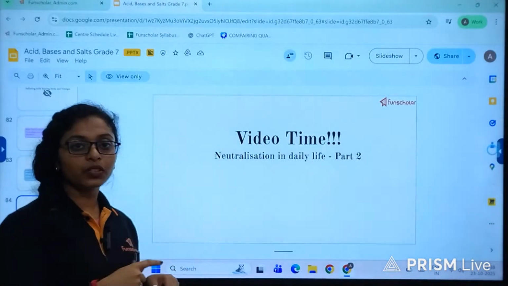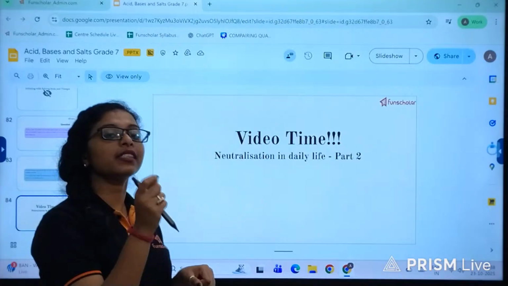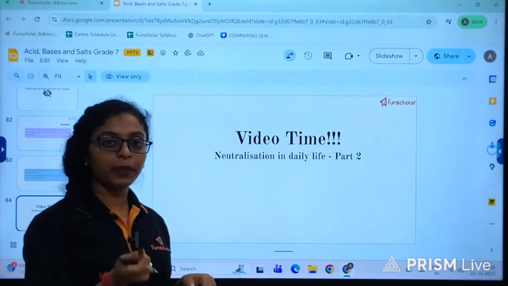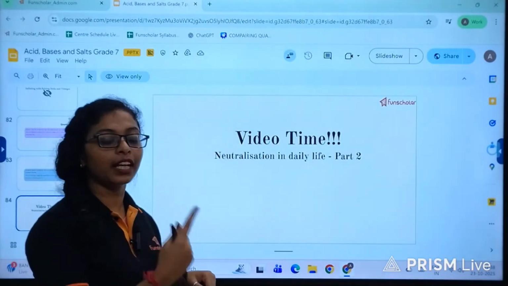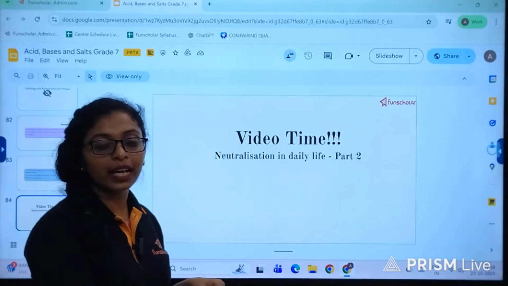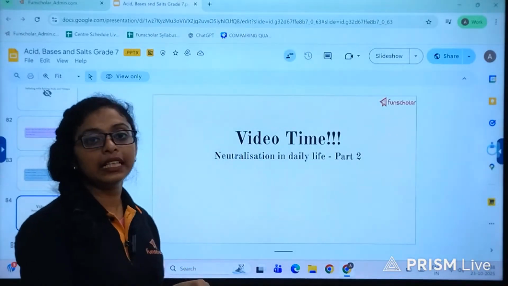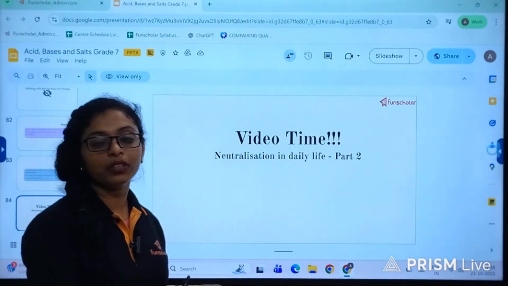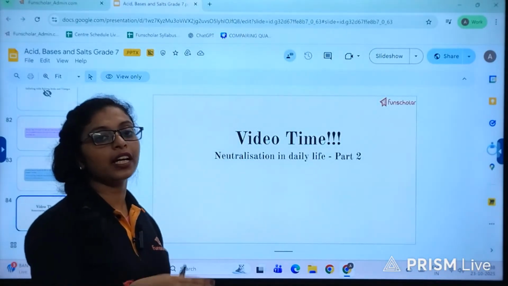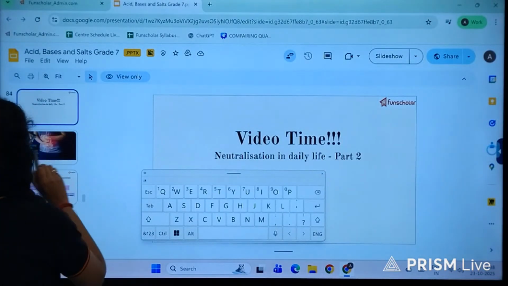So what we are trying to do is get relief: we apply some kind of particular base, and after that application a neutralization reaction occurs at that stung area, and then we feel relief from the irritation and all the suffering, right? The same happens when it comes to acidity. Okay, let's discuss these two phenomena.